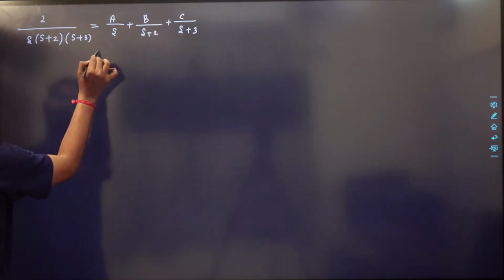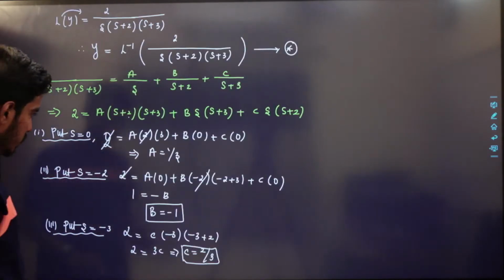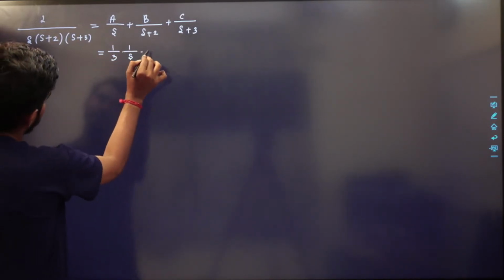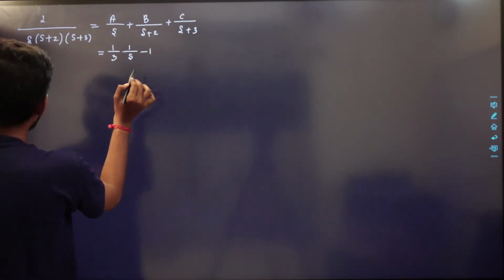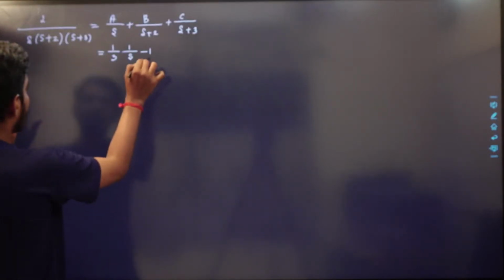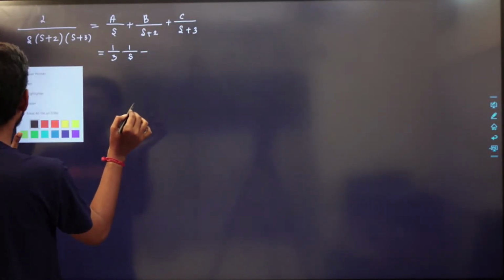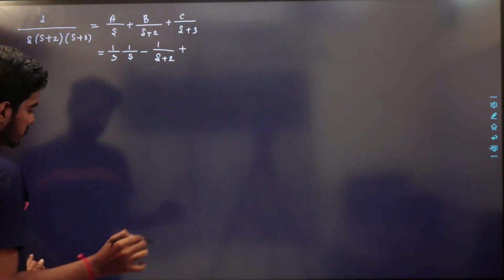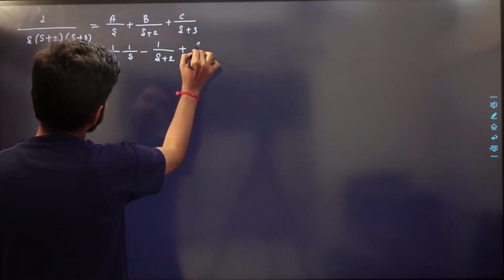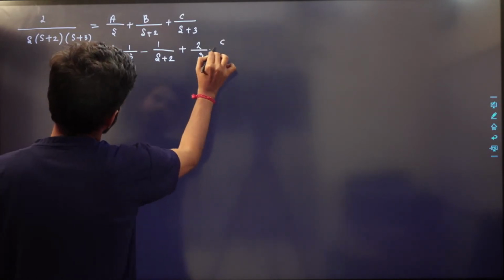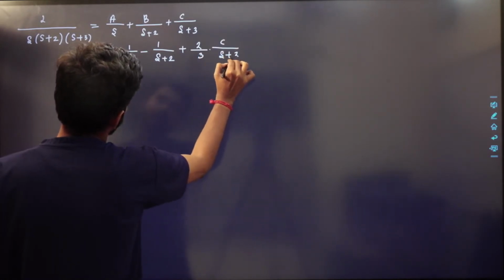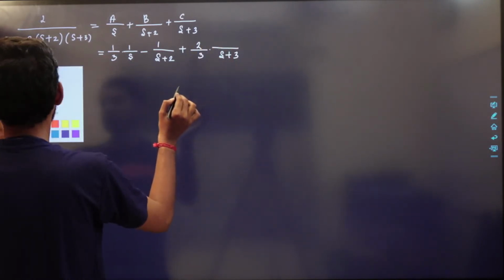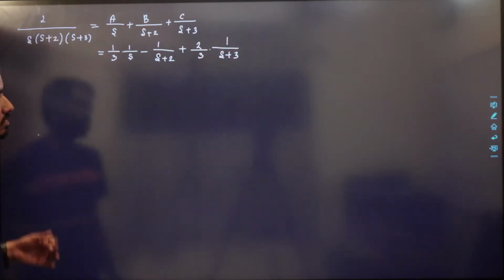So what is the value of a? The value of a is 1 by 3, so this will be 1 by 3 into 1 by s. Value of b is minus 1, so I can write this as minus 1 by s plus 2. And what is the value of c? The value of c is 2 by 3, so we will have 2 by 3 into 1 by s plus 3, right?